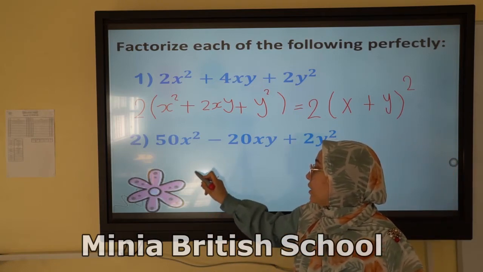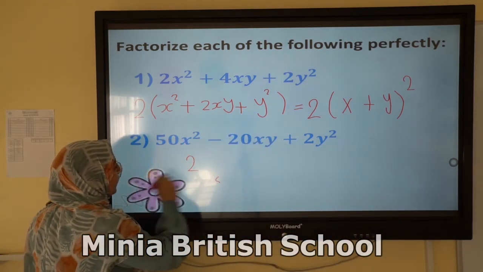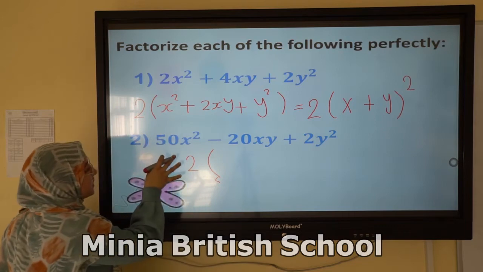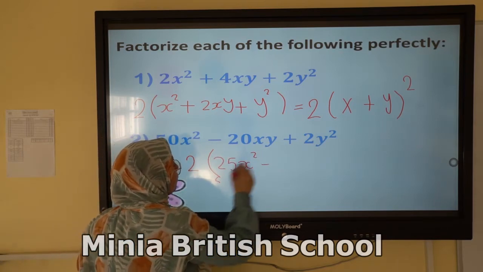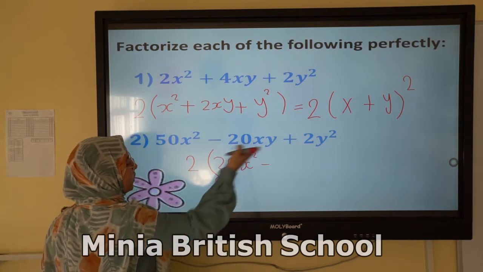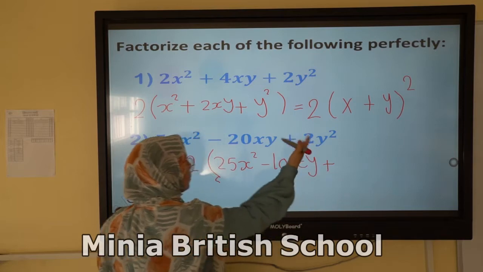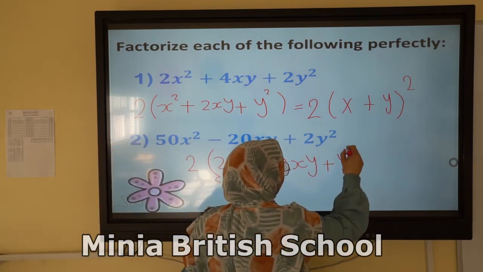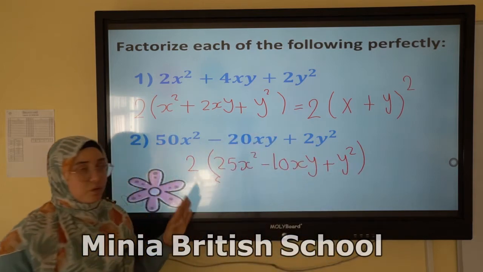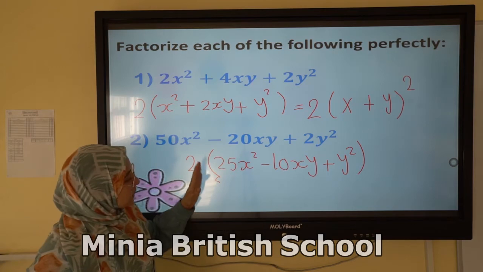If you take 2, 50x power 2 divided by 2 equals 25x power 2, minus 20xy divided by 2 equals 10xy, plus 2y power 2 divided by 2 equals y power 2. Now, you can check if this expression is a perfect square or not. Yes, this is a perfect square.